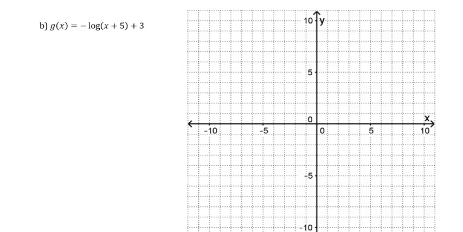Okay, and then the next one, we notice what's different is pretty straightforward again, but it's got a reflection. So that, again, will not impact this point, okay?